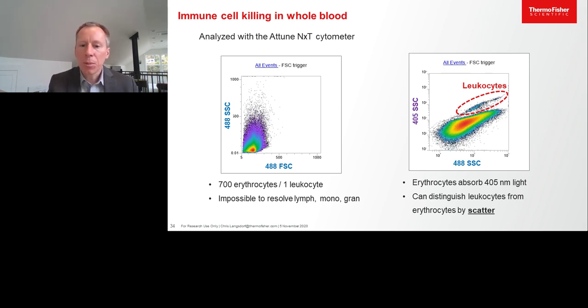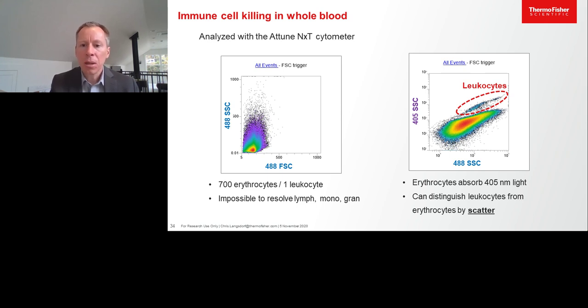And so without any label required, just based on the intrinsic absorbance of light by our erythrocytes, we can see two populations of cells here. One being this very large population of red blood cells, and then a smaller population above of white blood cells.